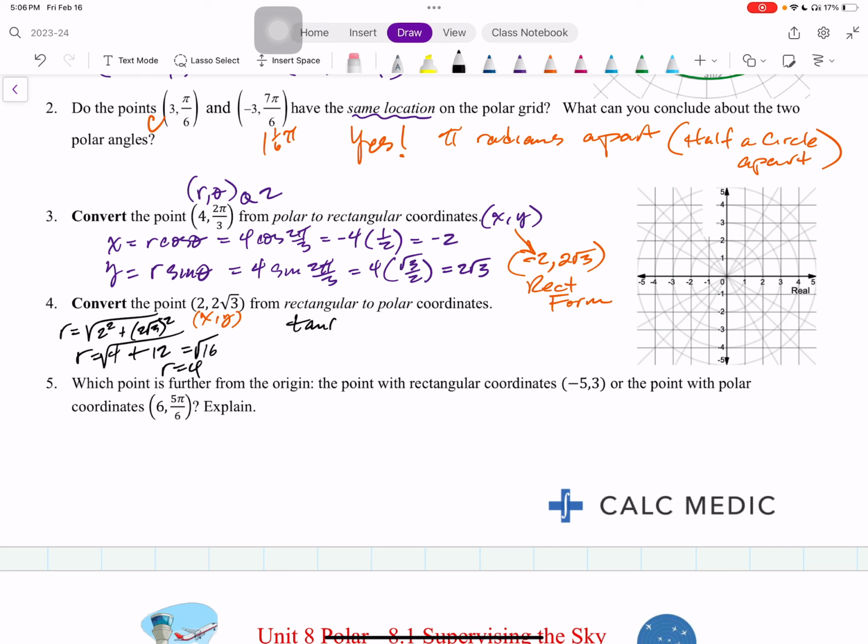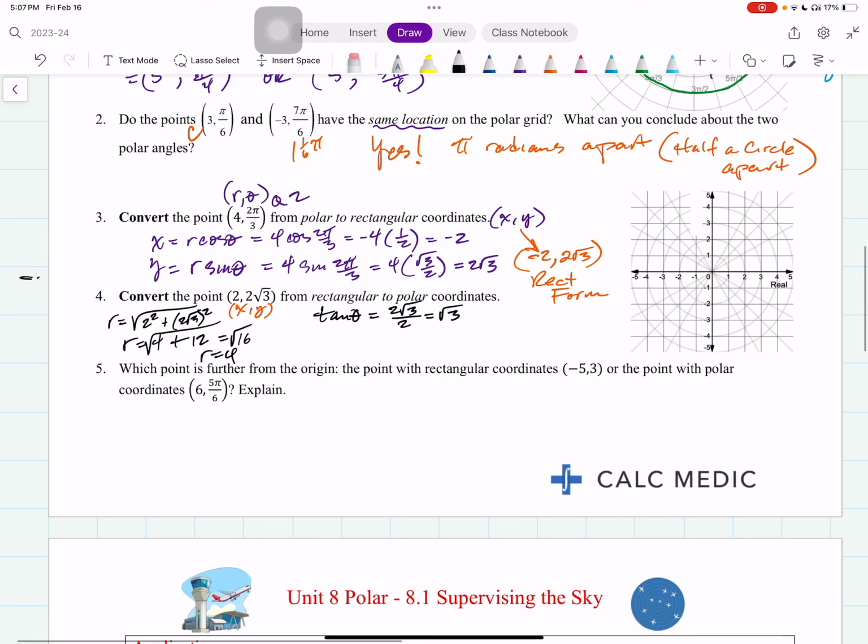And then you use your tangent function. So tan theta equals 2 rad 3 divided by 2, which is just rad 3. And then you ask yourself, when have you seen that ratio? Okay, so I'm going to bring up the 30-60-90 triangle here, which has sides 2, 1, rad 3. And we know that the tangent of 60 degrees has the ratio of root 3 to 1. And 60 degrees is just pi thirds.